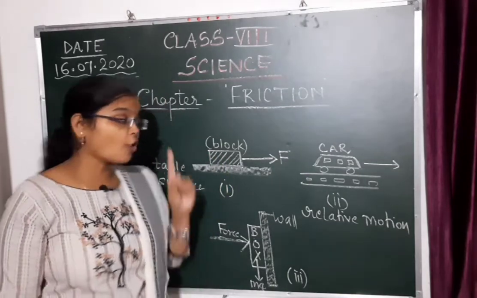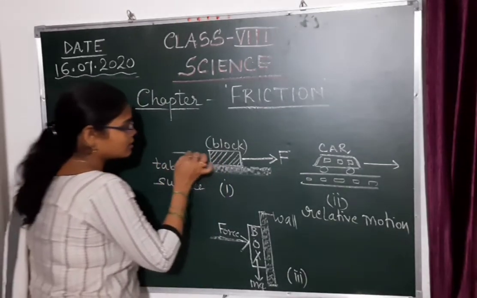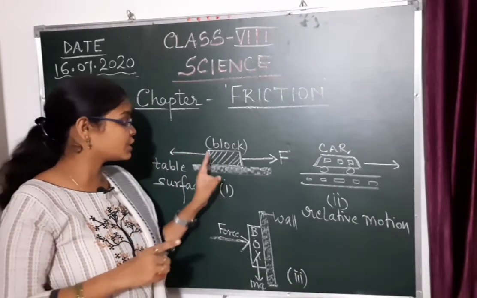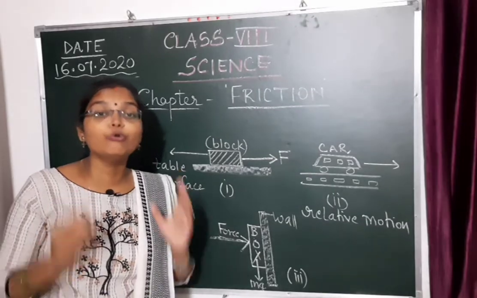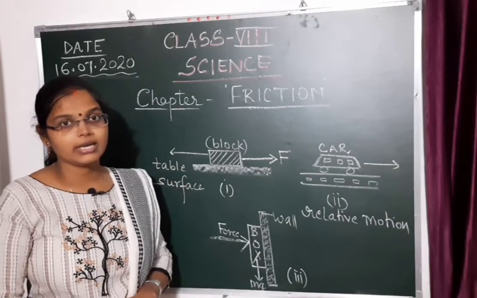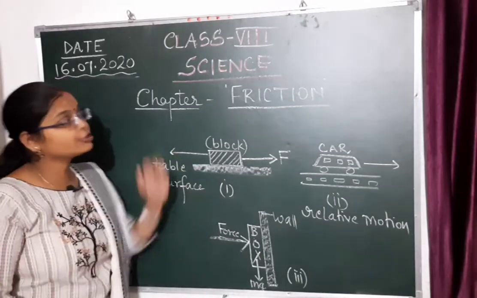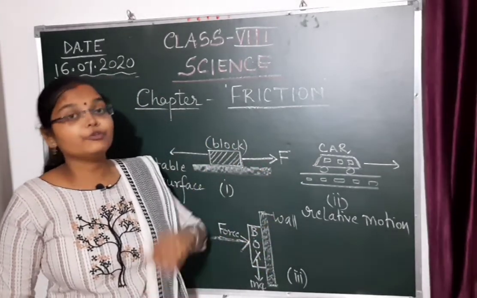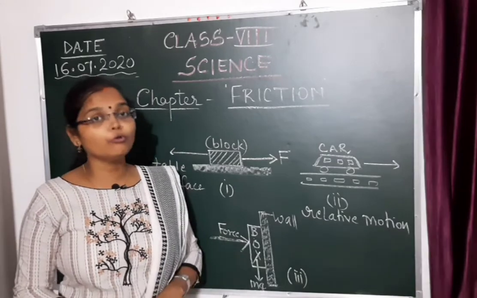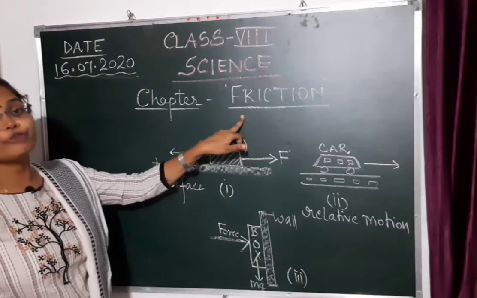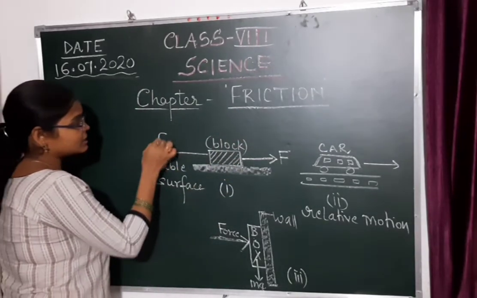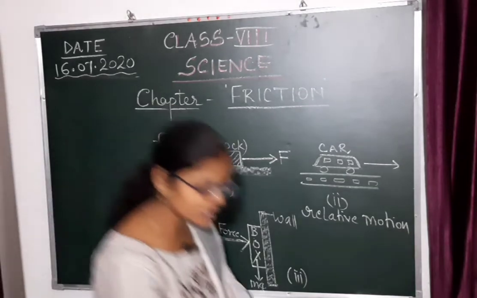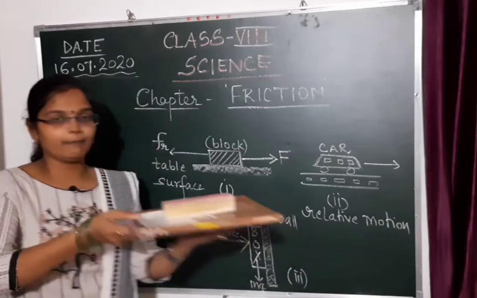It means in opposite direction the same amount of force is acting, which is stopping the object to move from its position. And this force which opposes the motion of an object, which stops the object to move, is known as frictional force, and it is denoted by Fr.